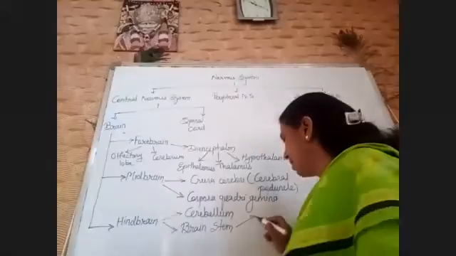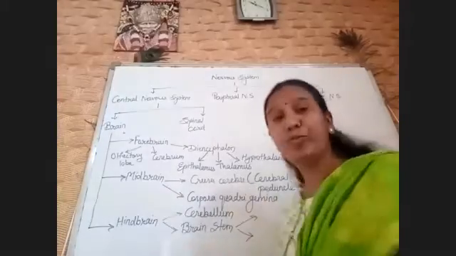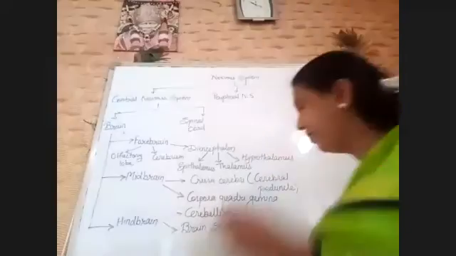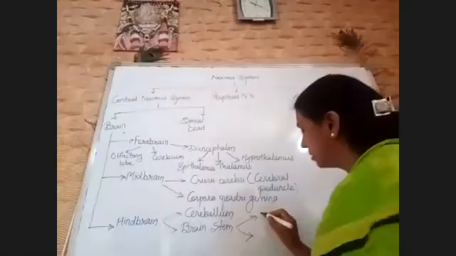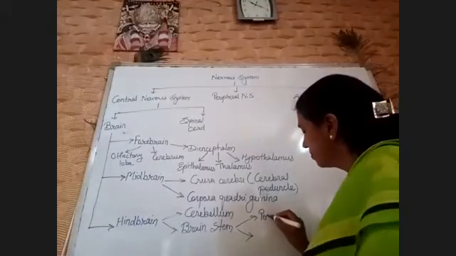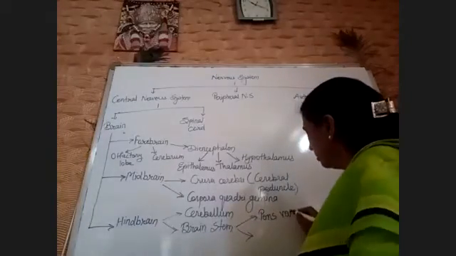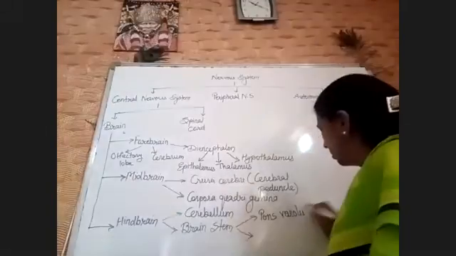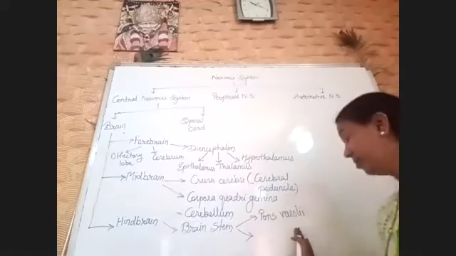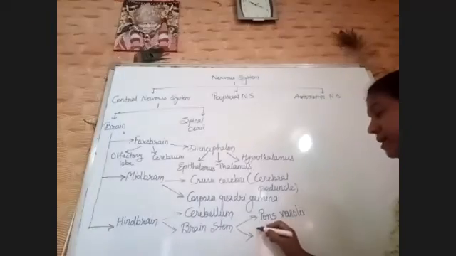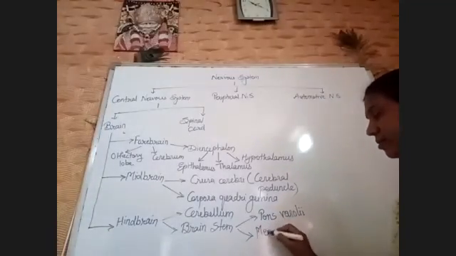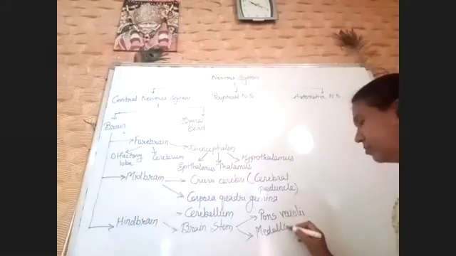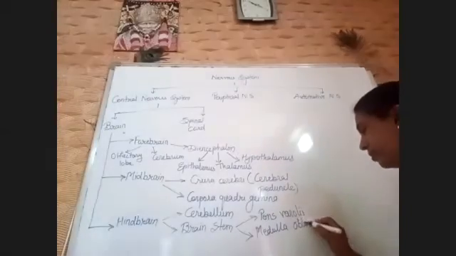This brainstem consists of again 2 parts. The first part is called pons varolii. You see the spelling, and the second is the medulla oblongata.